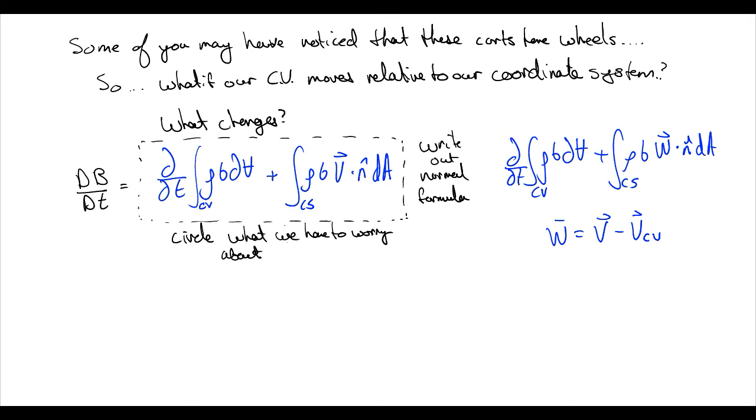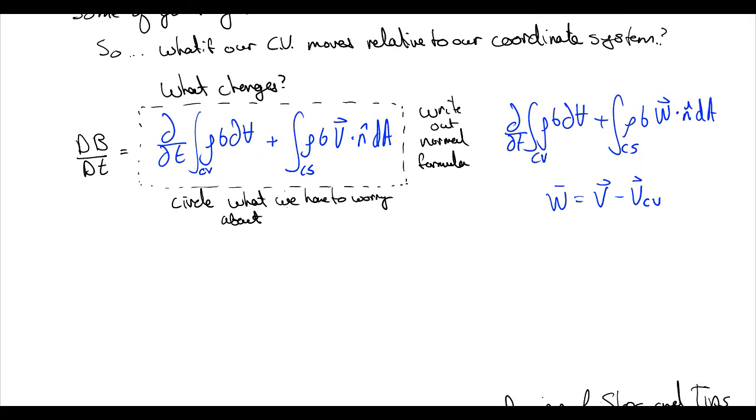What changes? Well, when we're integrating here, we're integrating over the control volume of b rho. What actually changes is our definition of b.